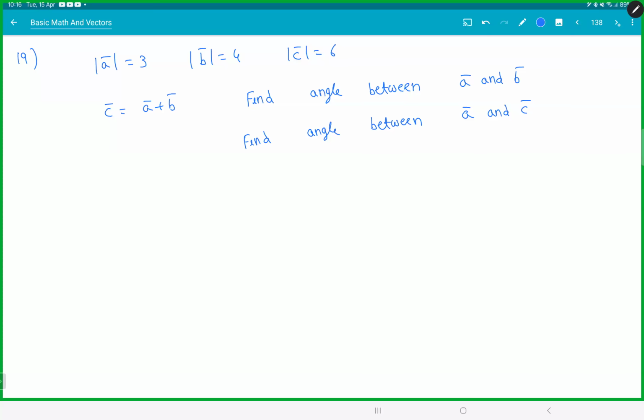Sir, are there any standard angles? No, these are not standard angles. You'll get weird ones. You can leave the answer in terms of cos theta. No need to get the angles.